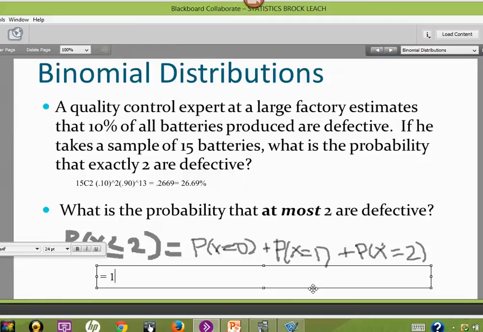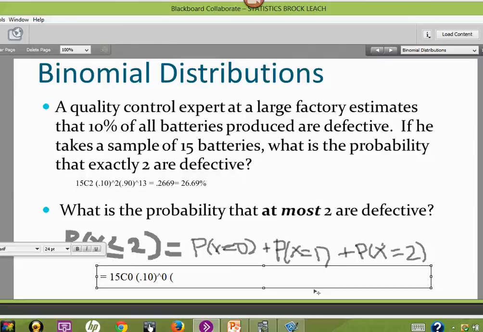We have 15 trials, so 15 combinations with 0 successes, multiplied by the probability of success, which in this case, again, is 0.10. We're going to raise that to the 0 power because we don't want any successes.